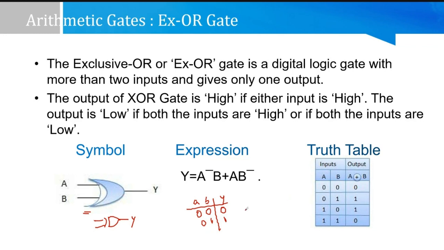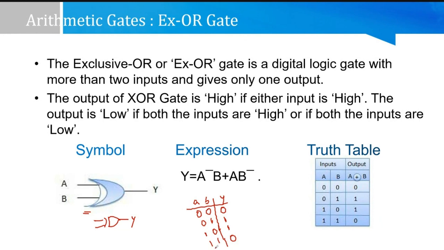Similarly, when A is 1 and the other input is 0, the output is 1. If A is 1 and B is 1, the output is 0. The output will be high whenever any one of the inputs is high.